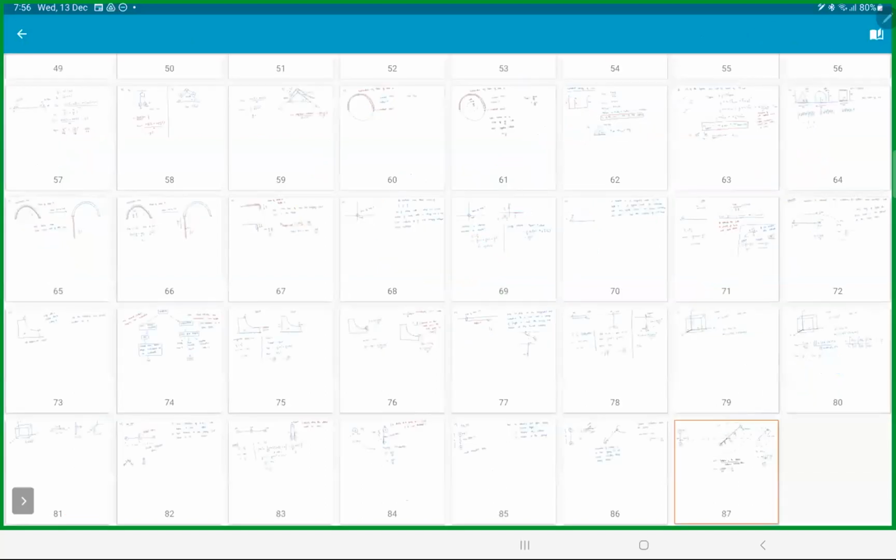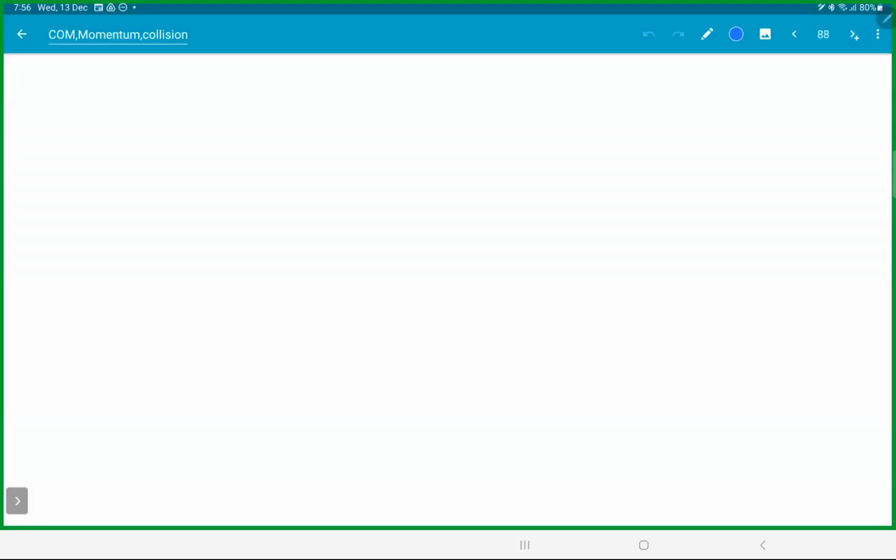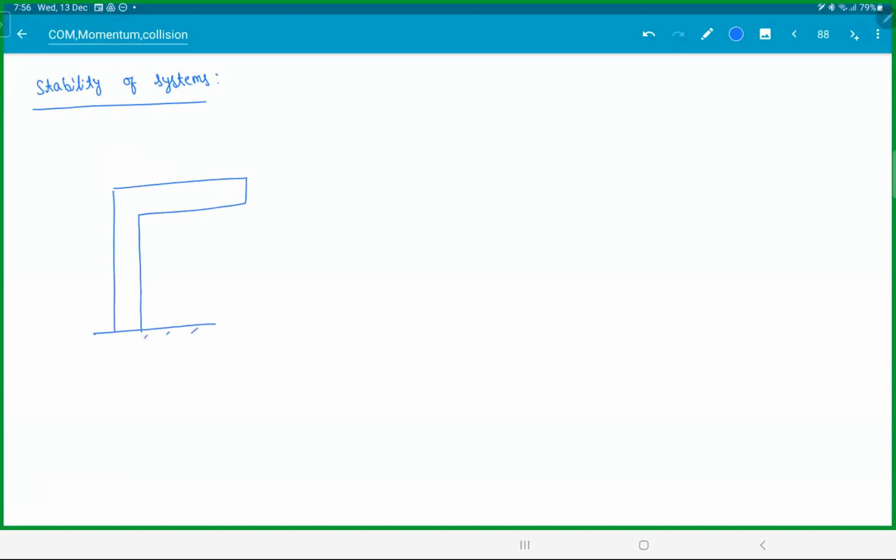So what's happening here is actually based on rotation, but we'll have a little idea here. Stability of systems. Just imagine if you take something like this, and if I leave it like this, do you think it will remain at rest?